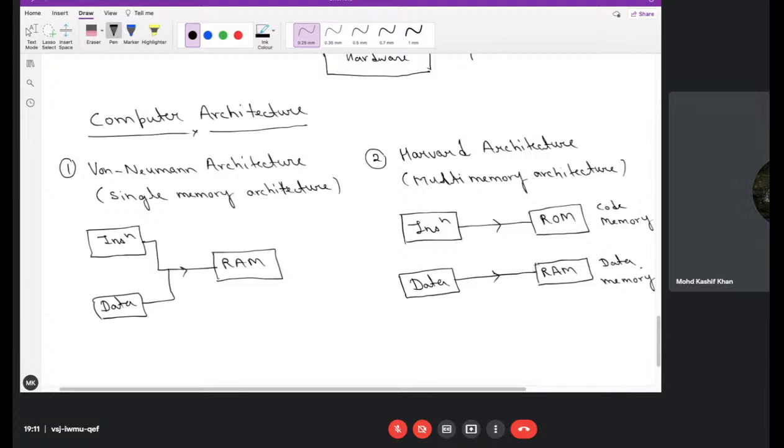Based on the program storage, computer architecture is divided into two types.